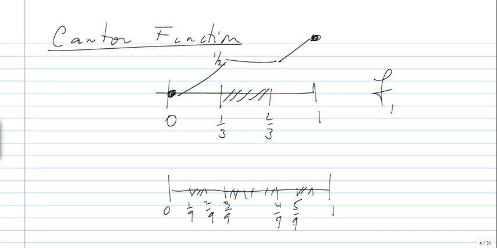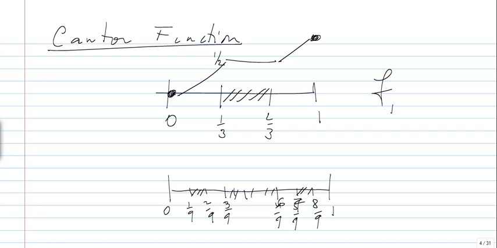Oh, hold on. It's always the problem I have with 4/9 and 5/9. Okay, so 2/3, that's 6/9. 5/9 and 4/9 are in between 3/9 and 6/9, and this is 7/9, 8/9, and then 1, which is 9/9.